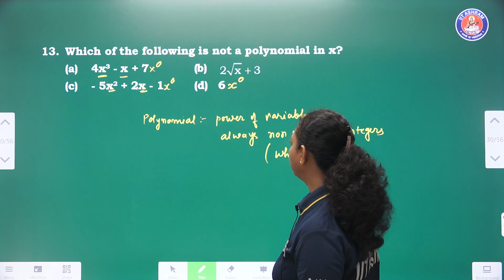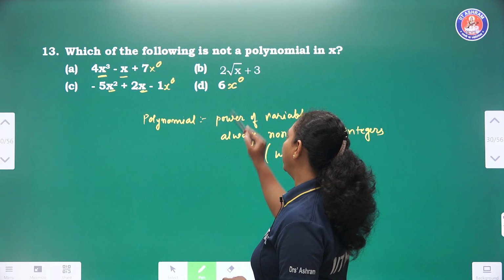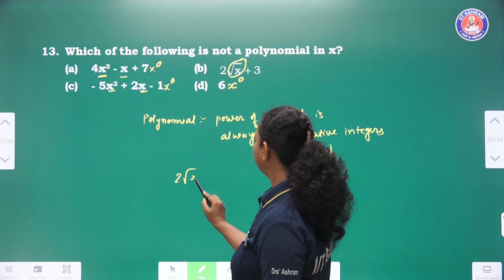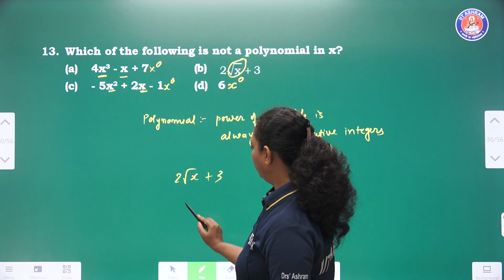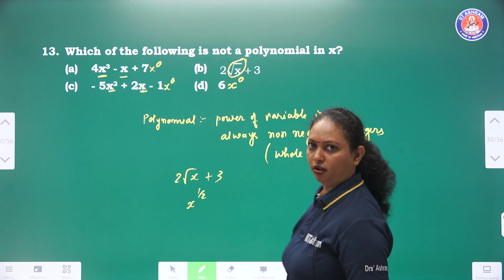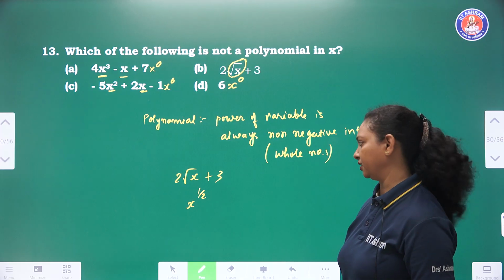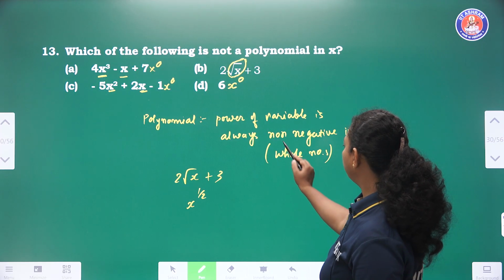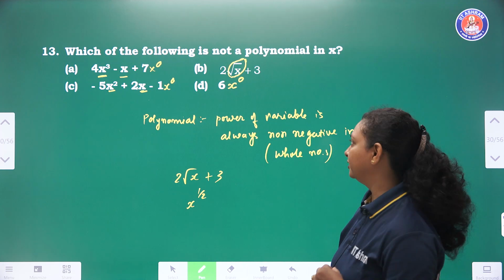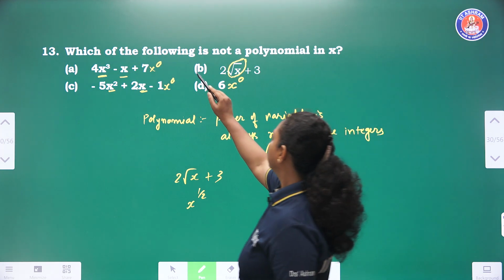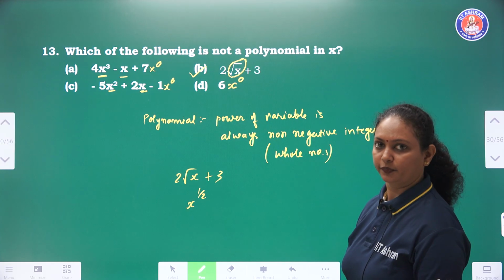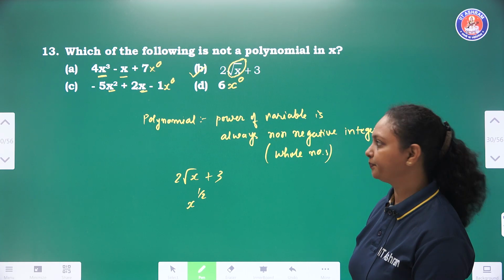So it is also a polynomial, but in 2 root x plus 3, what is the power of x? x to the power 1 by 2. We write this in exponential form as 1 by 2, right? So is 1 by 2 a whole number? No, 1 by 2 is not a whole number. Therefore, option number B is not a polynomial. Clear? Very easy.